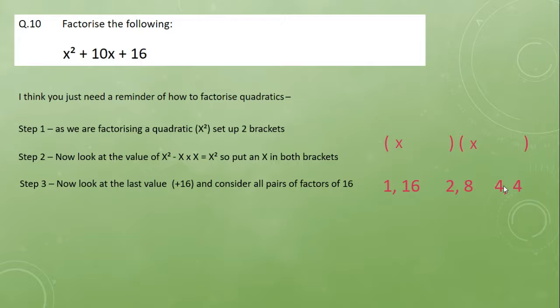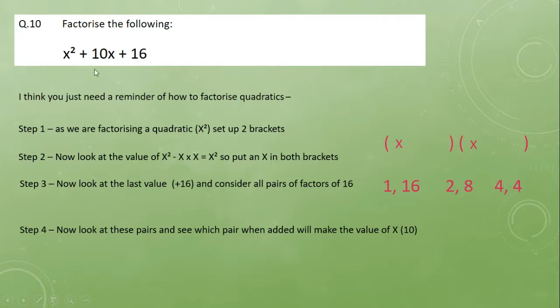Once I've got those factors, I need to choose which factors are going to fit. And the way that I do that is I look at the middle term. The middle term here is positive 10x. So I want to look at these factors here, which pair will add together to make 10x. Well, I can see straight away that 2 and 8 equals 10. So they're the ones I'm going to use.